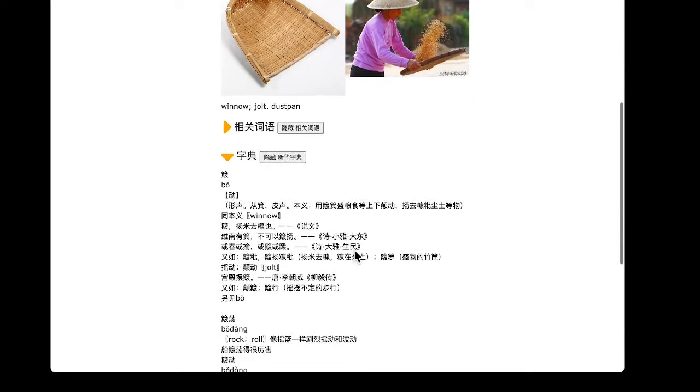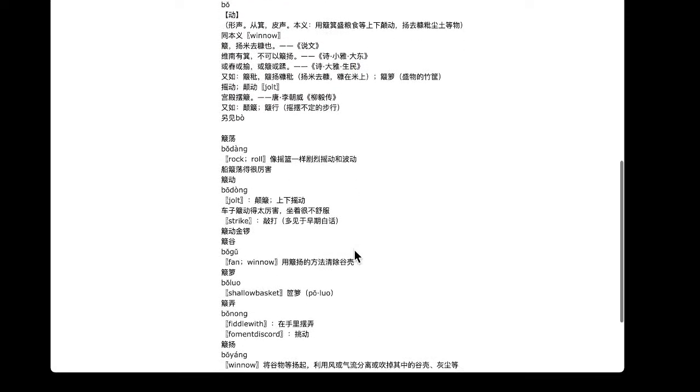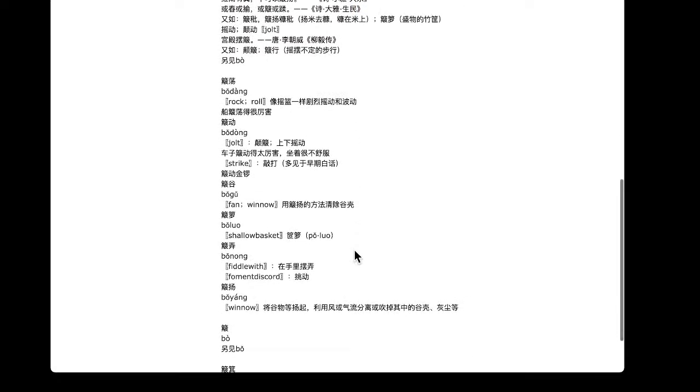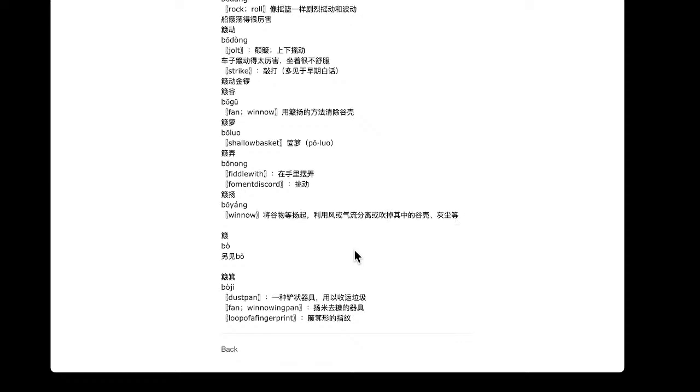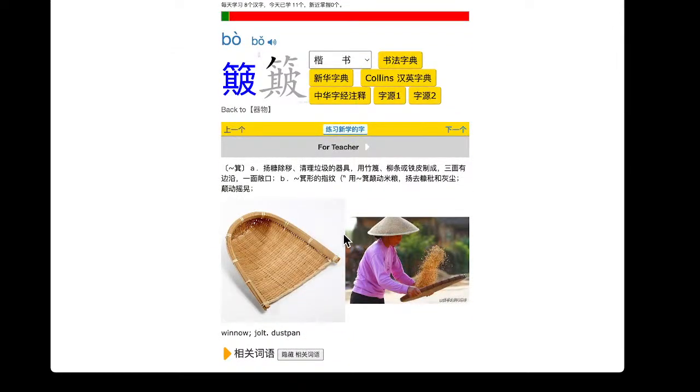And then this is also this thing. Another, what do you call that one? Okay, well I guess there's two different objects that you could call boji. One of which is a dustpan, and the other is a winnowing pan.